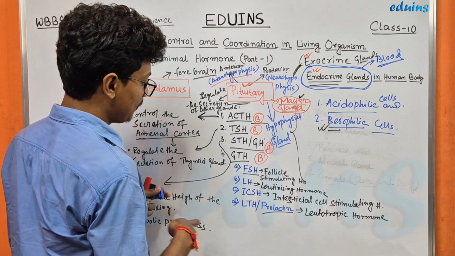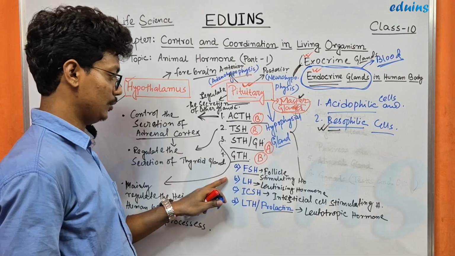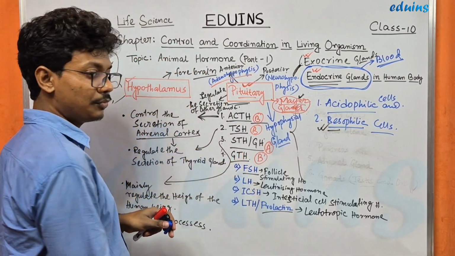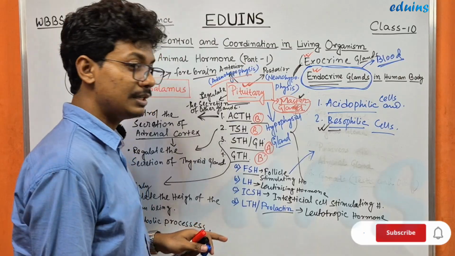Next one is the GTH, which is gonadotropic hormone. There are four kinds of gonadotropic hormones. First one is the follicle stimulating hormone.